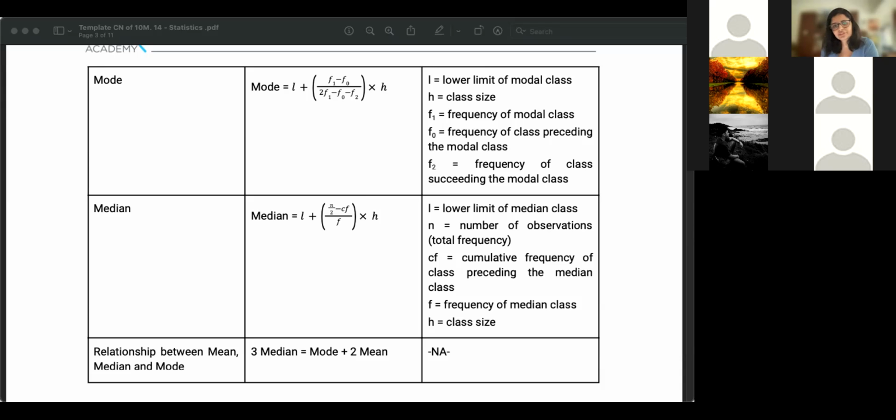As always, once you have finished noting down, just raise your hand and we'll start the question.